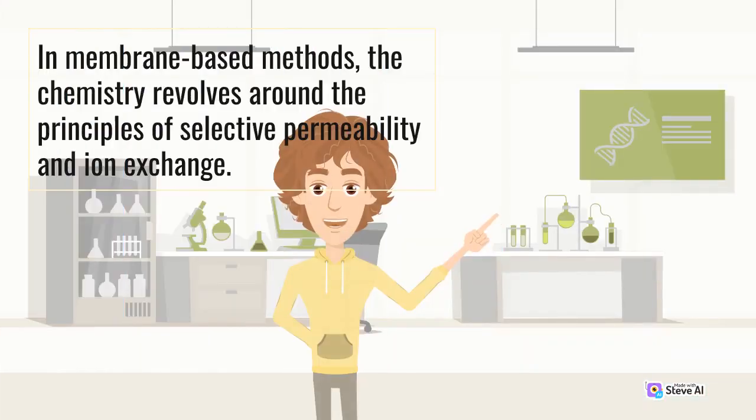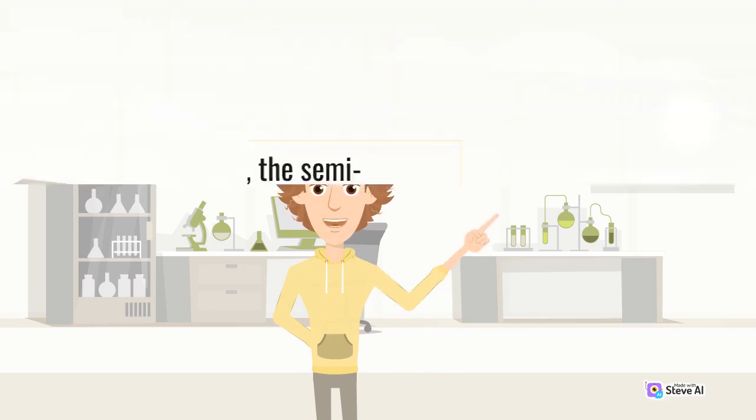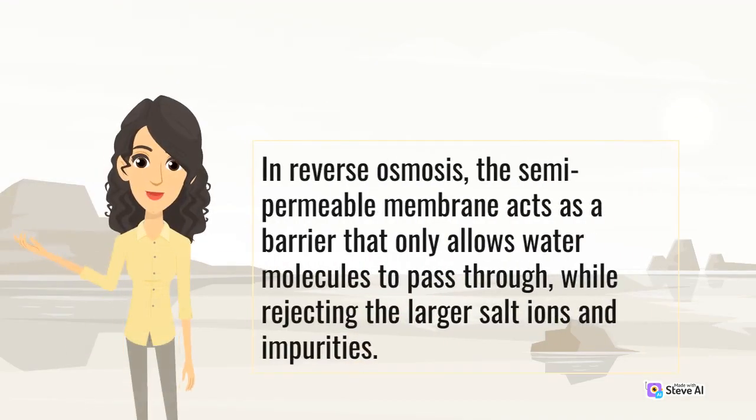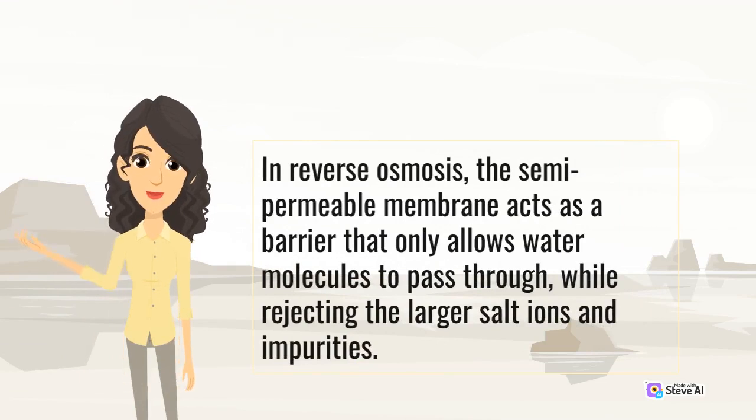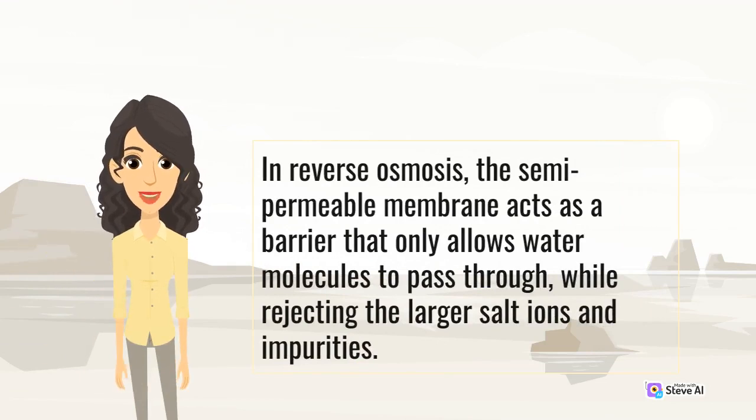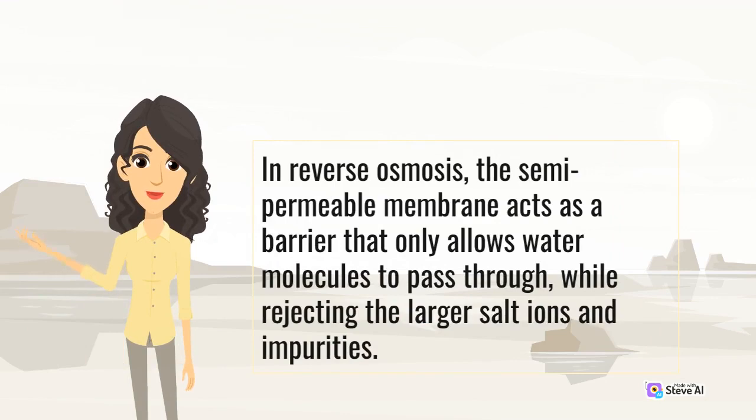In membrane-based methods, the chemistry revolves around the principles of selective permeability and ion exchange. In reverse osmosis, the semi-permeable membrane acts as a barrier that only allows water molecules to pass through, while rejecting the larger salt ions and impurities.